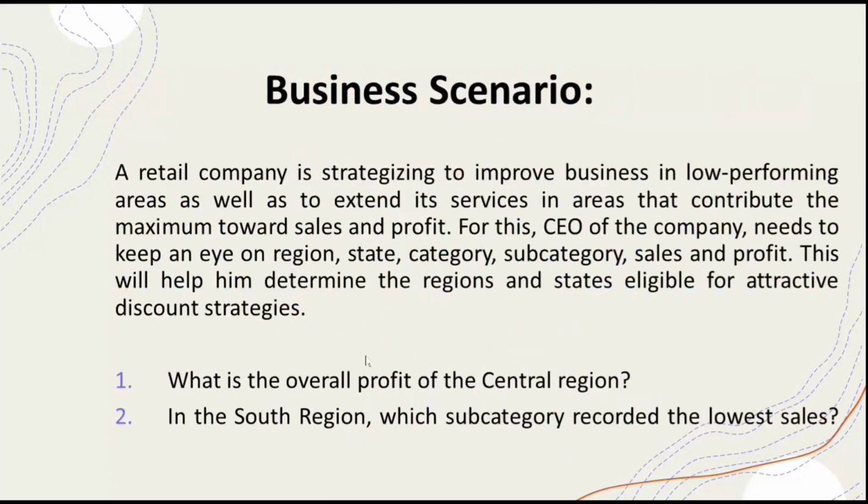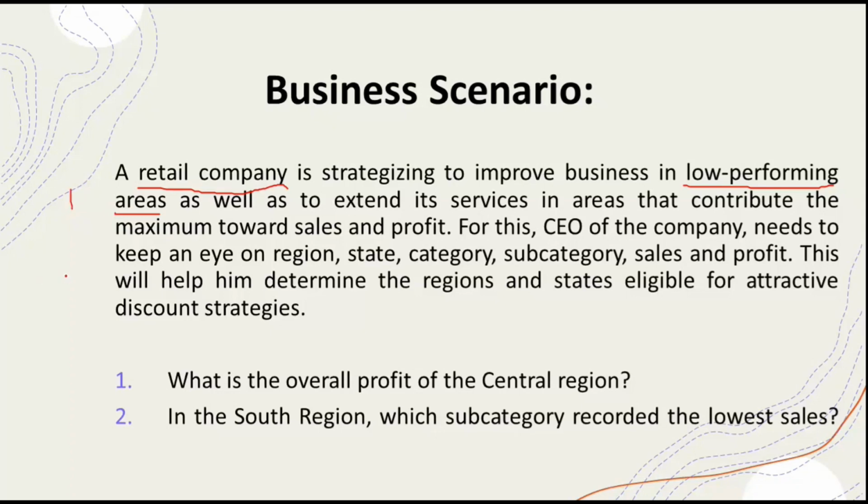As we saw in the last video, we have some business scenarios with us. In today's project, we have a scenario of a retail company, right? We have one retail company, and this company is strategizing to improve business in low performing areas. So the very first thing, remember, we have to categorize the business scenario into parts as we already discussed.